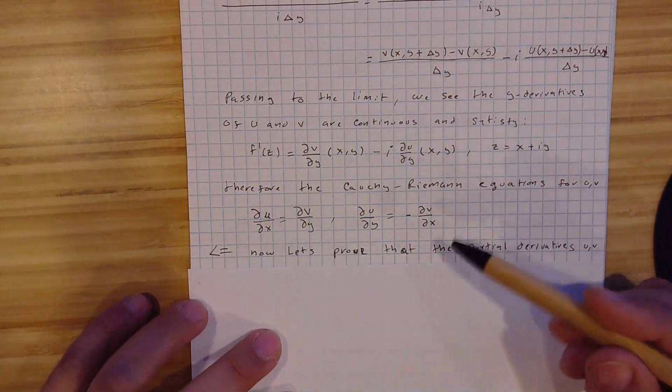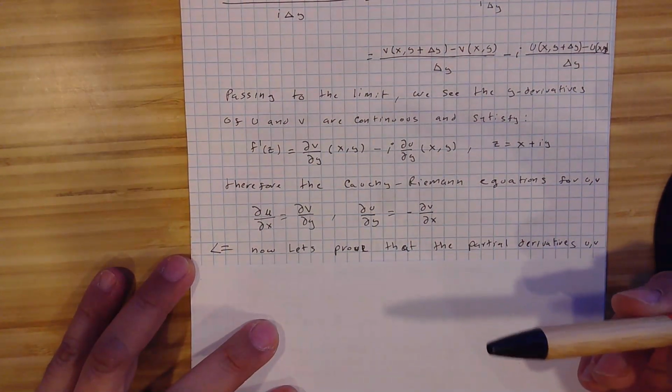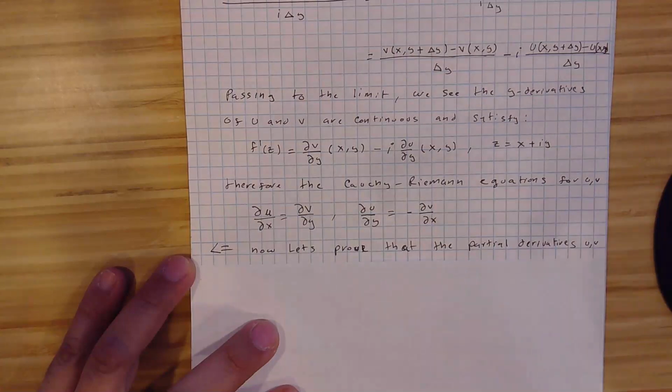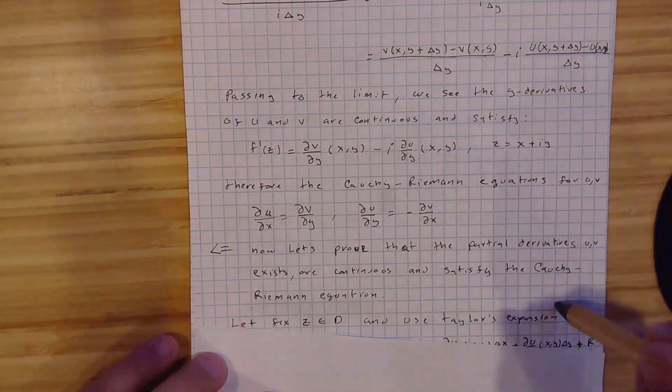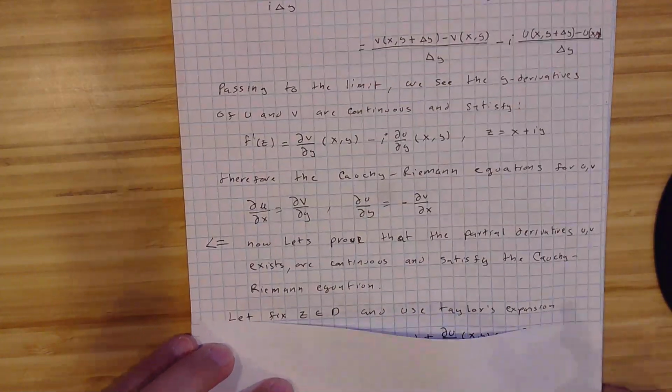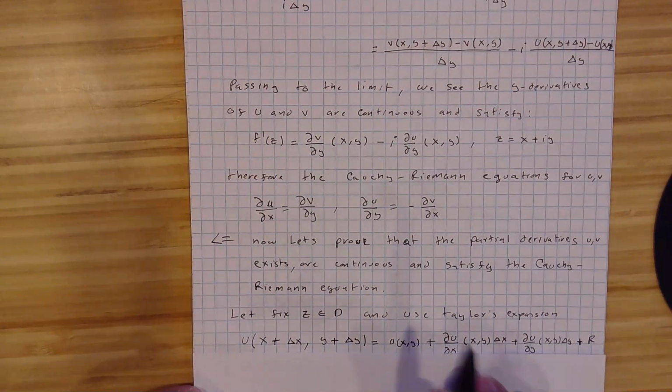Now, as I mentioned, if we want to show that a function is analytic, we need a little bit more than just the equation. So for that part, we will approach this from a different perspective.